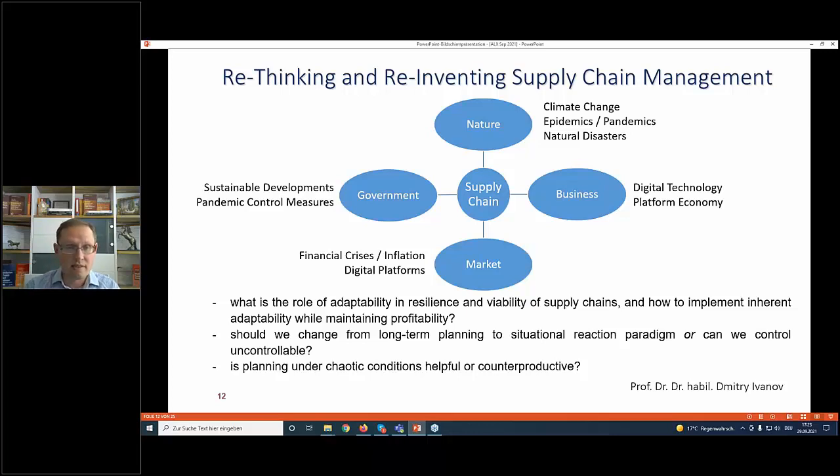All this creates huge constraints and challenges for supply chain management, and also from the markets. So financial crisis, inflations, and also digital platforms as a completely new form of supply chain management.